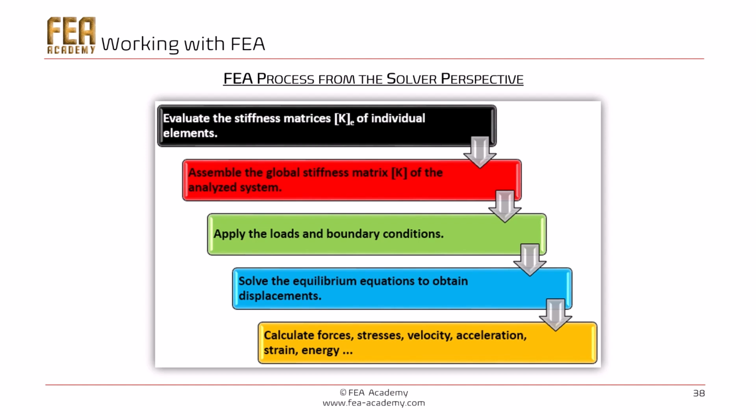Then the boundary conditions are going to be applied on the global stiffness matrix problem. And the solver is going to compute the equilibrium equations to obtain displacement. Then, from the displacements vector obtained by the computer, the forces, the stresses, velocity, acceleration, strain, energy, etc. are going to be calculated by the solver.